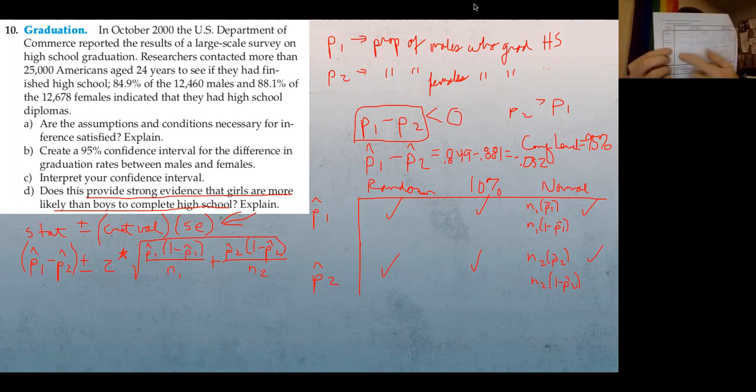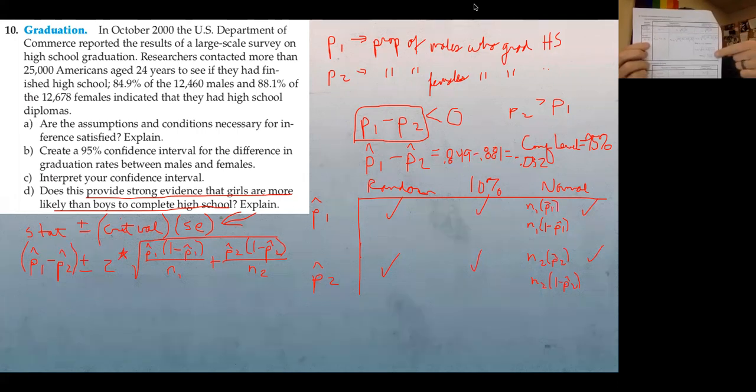And now I know I'm going to be using these formulas somewhere along the way. If they're asking for a standard error, notice this column right here is for standard error. So the standard error for a difference of proportions is found right here. And I can substitute that in where it says standard error.